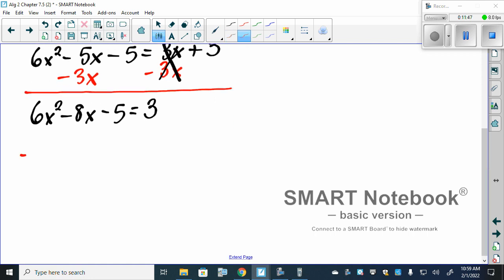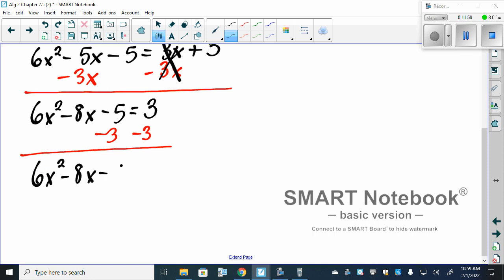And then the next thing we would need to do is subtract 3 from both sides, telling us that 6x squared minus 8x minus 8 is equal to 0.